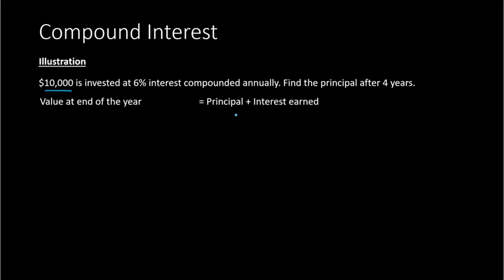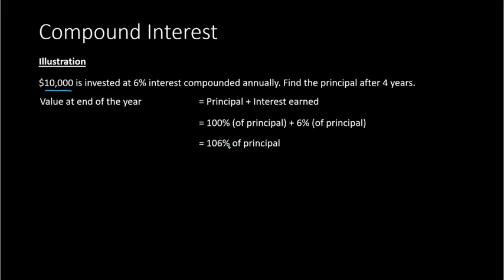So that's 100% plus the interest earned, which is going to be 6% of that principal. So if you take 100% of the principal, add it with the 6% interest earned, the 6% of the principal, that gives you a total of 106% of the principal.